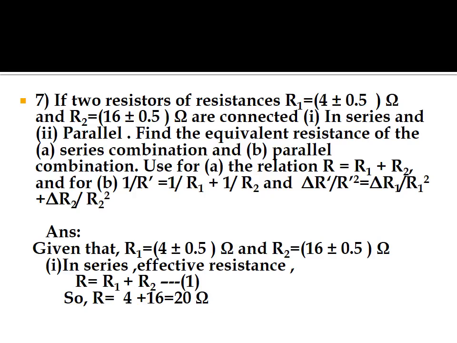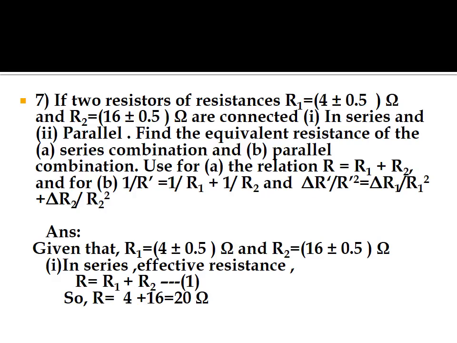Use for A the relation R is equal to R1 plus R2, and for B, 1 by R dash is equal to 1 by R1 plus 1 by R2, and delta R dash by R dash square is equal to delta R1 by R1 square plus delta R2 by R2 square.